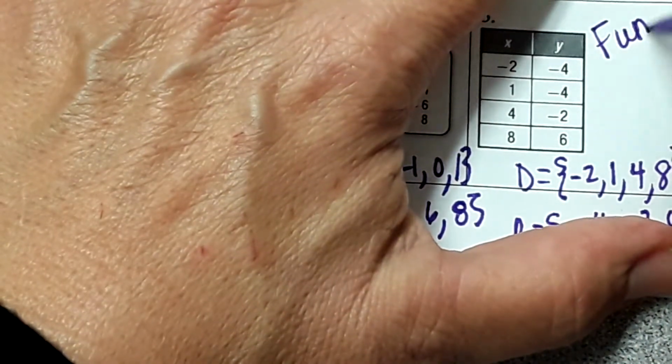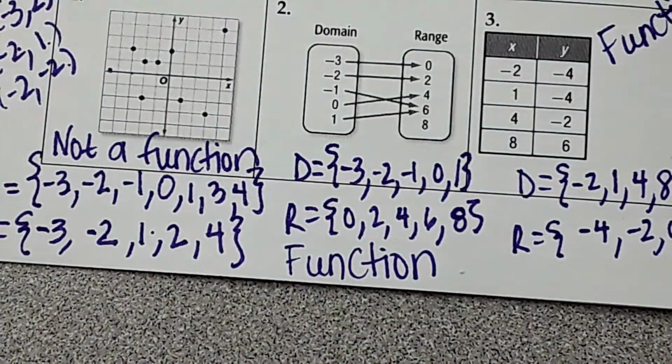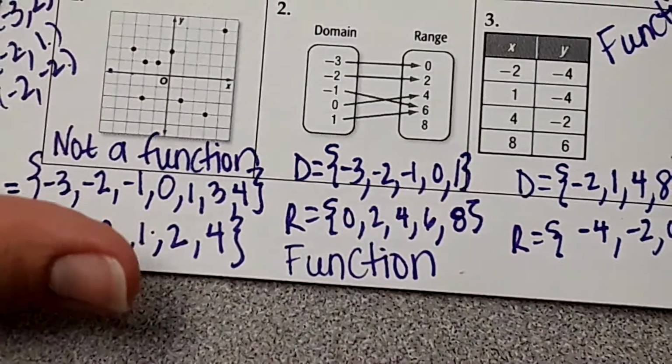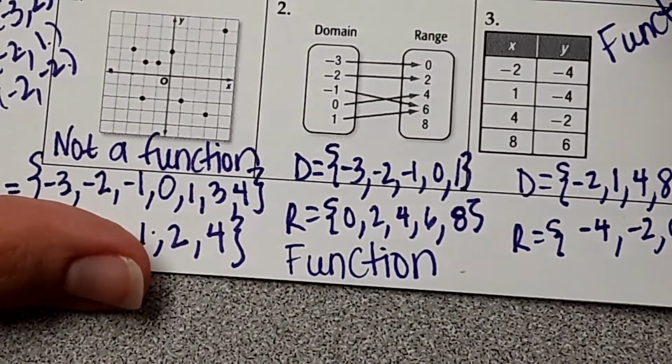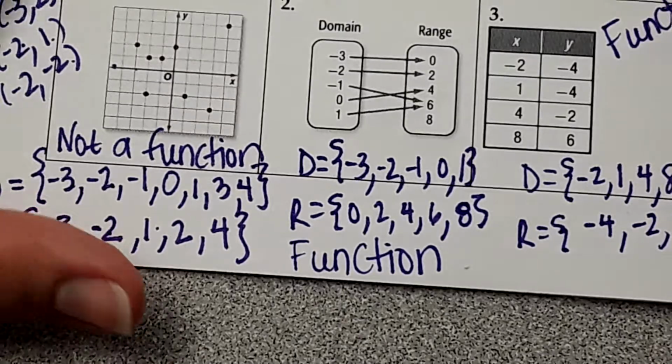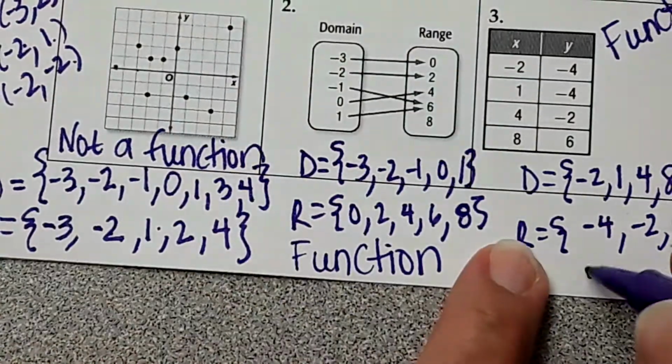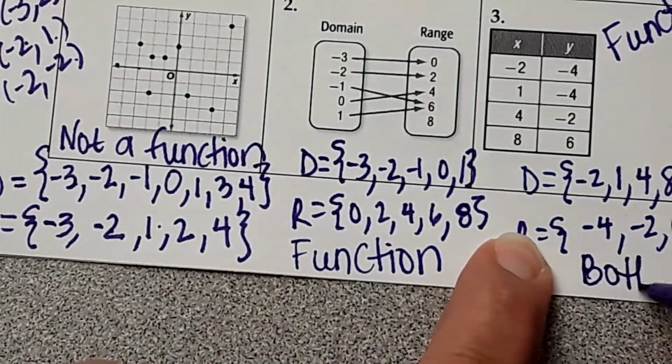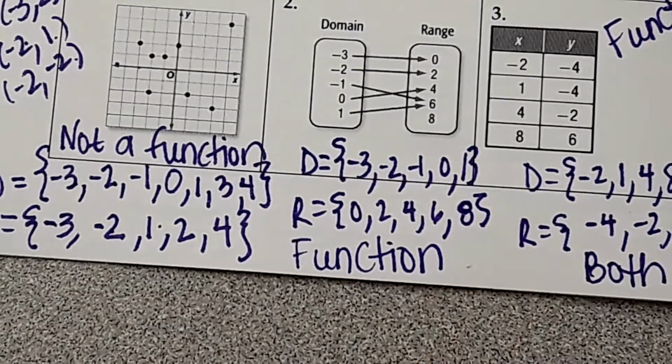Now we have to determine if it's onto or into. Okay, in this particular one, would be, well, it's definitely onto. So we're going to say it's both of them. It's both. Yeah, we'll go with that.